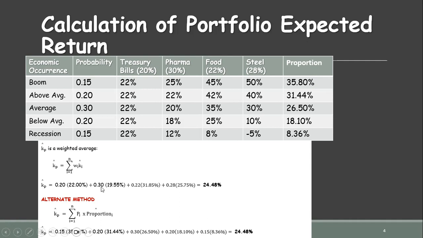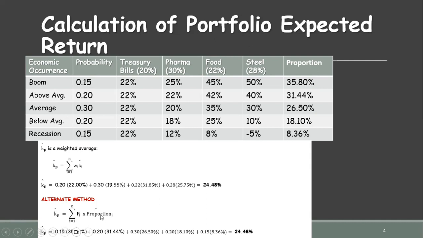For pharma, the weight is 30% and the expected return is 19.55%. In case of food, the weight is 22% and expected return is 31.85%. In case of steel, the weight is 28% and the expected return is 25.7%. It comes to 24.48%.